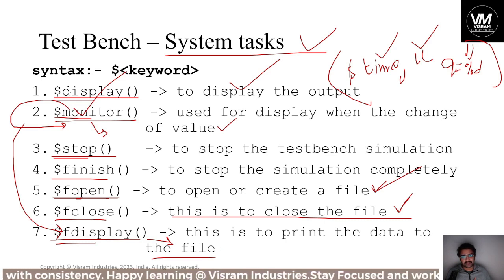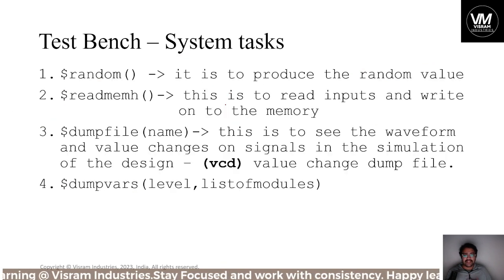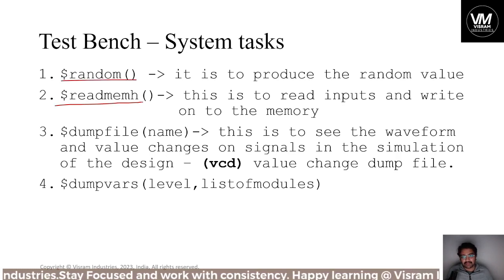Don't get confused between $display and $fdisplay. One single thing changes. $f usually represents the simulations of the files. So that is a system task. And some other tasks are $random and $readmem. $readmem is to read and write the memory inputs.